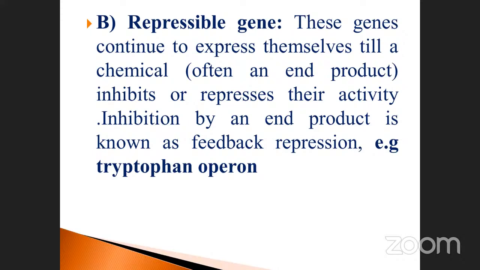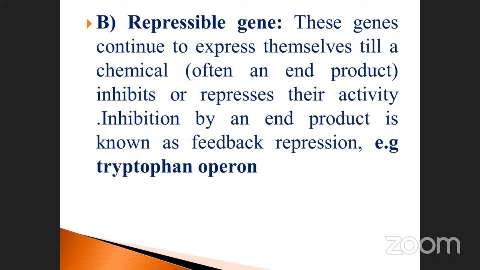As a result, the product stops. Inhibition by an end product is known as feedback repression. Inhibition means completely stopping the reactions. Due to the chemical substances, the particular reaction may be inhibited.